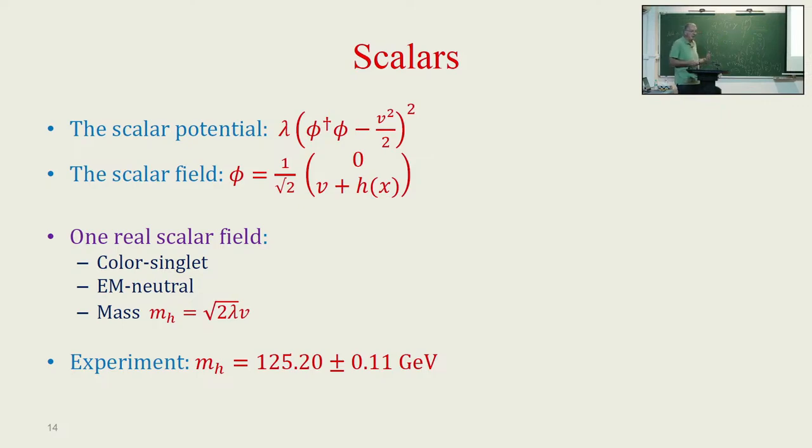Color singlet means a singlet of SU3 color, which means that it doesn't couple to the gluon or to this octet field. Not surprisingly, the mass of the Higgs did not change from the leptonic standard model. It's an experimental number. It's the same particle that we introduced there, and I'm still admiring the experimentalists for achieving the accuracy of 1 per mil.